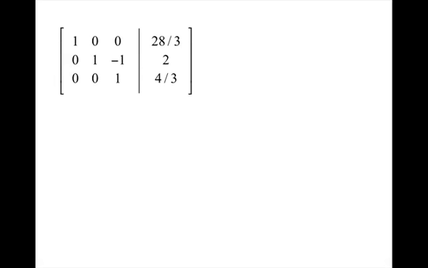Now for my final step, I need the negative 1 to become a 0. So change its sign to a positive 1 and multiply by the 1 in row 3. So 1 times row 3 is just row 3, which is 0, 0, 1, 4/3. I want to change row 2, so I'm going to add row 2, which is 0, 1, negative 1, 2.